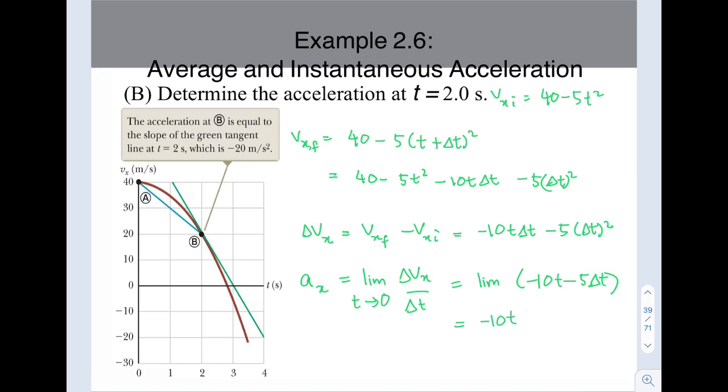So if you want the acceleration particularly at 2 seconds, A is negative 10 times the t, which is 2 seconds, then it gives you negative 20 meters per second squared.